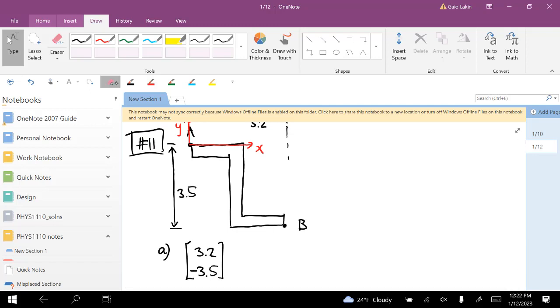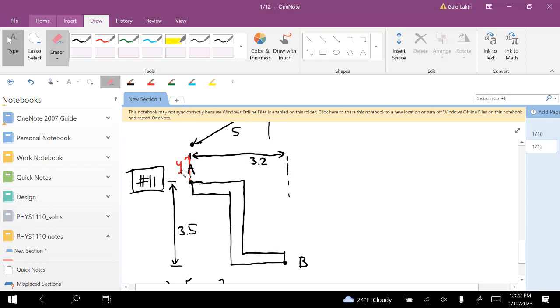And you could also do that by putting the origin this time down here at B, and then calculating the coordinates of A in that coordinate system, and that'll give you the vector going to A from B. Okay, so this stuff, none of it is that hard, but you need to get comfortable with it.